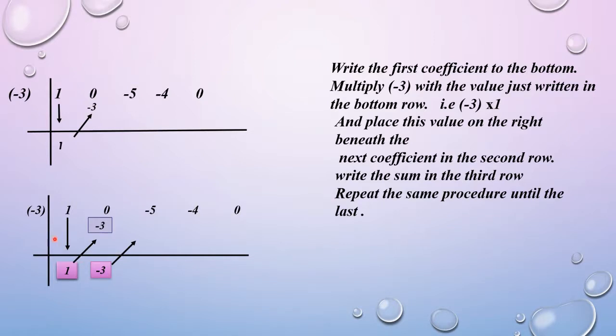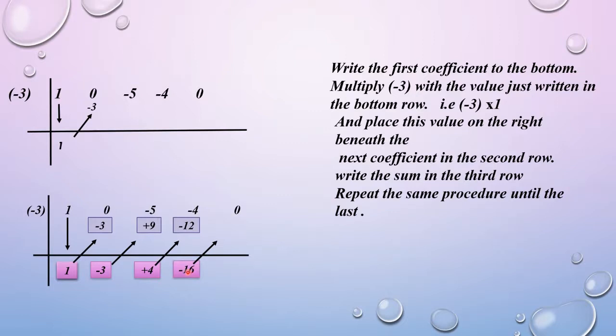Now multiply minus 3 and minus 3, we get plus 9. Adding minus 5 and plus 9, we get plus 4. Multiplying minus 3 and plus 4, the answer will be written below minus 4 as minus 12. Adding minus 4 and minus 12, we get minus 16.